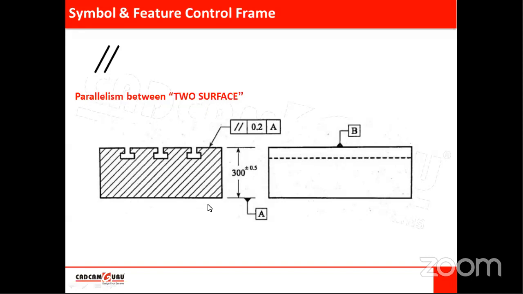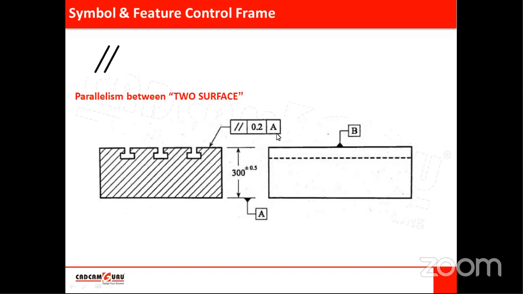While explaining this feature control frame, people say A is a datum surface, but you should identify that A surface, meaning you have to locate it. What is A? Every time it is not a surface; for different characteristics, the datum is different. Sometimes an axis is also a datum. So you should identify that feature, not just say A is a primary datum, B is a secondary datum, C is a tertiary datum.